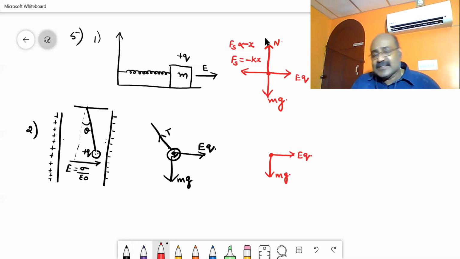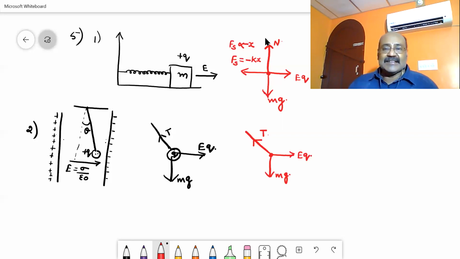And when the string is pulled due to the forces, a tension will be developed towards the rigid support, the point of suspension, and let us consider that tension as T. So this diagram represents the free body diagram for the second situation.